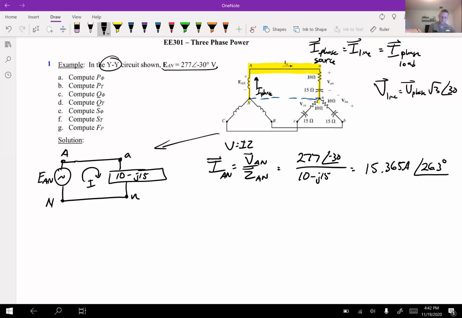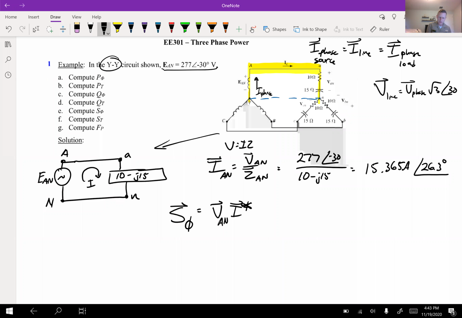So now complex power, because I'm going to take it of a single phase, and then we're going to multiply that by 3. So of my single phase, I have V times the I complex conjugate. And of the single phase, that is the AN and the AN. We have both of those already. This is 277 angle negative 30.